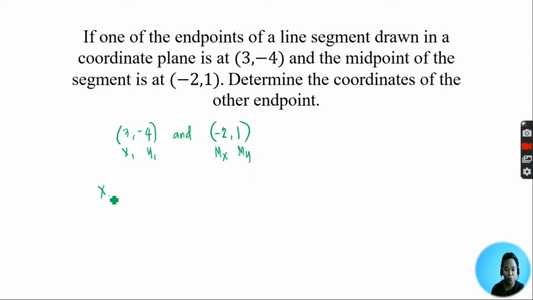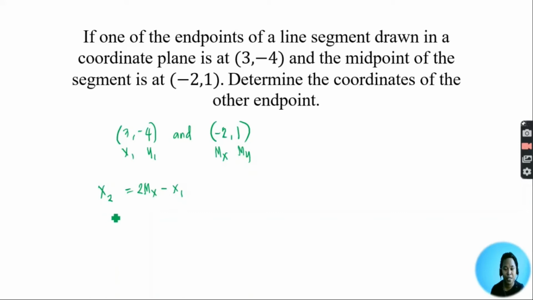So, to solve for x sub 2, we're going to multiply the x coordinate of the midpoint by 2 minus x sub 1.